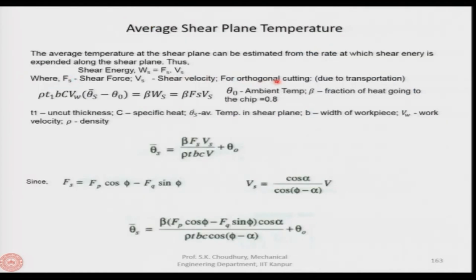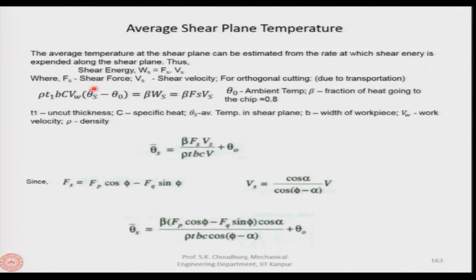So, for orthogonal cutting, due to transportation, the heat flow equation can be written as rho T1 B C VW into (theta S bar minus theta 0) is equal to beta into Ws, which is equal to beta into Fs Vs. Let us see what it is.